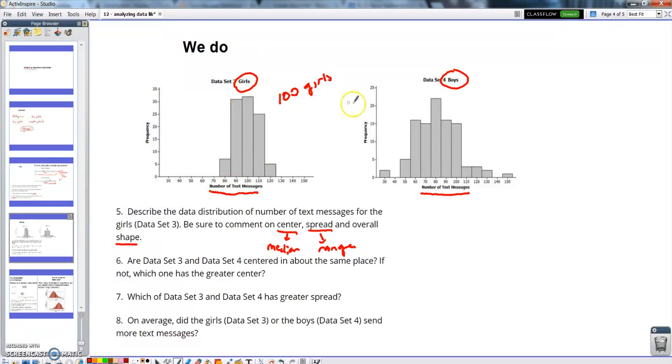So I want to see about where the 50th one is. So this was 8, 38, yeah. The 50th girl is going to be in here somewhere. So the center is one of these girls that sent between 95 and 105 text messages. So let's just say the middle girl is about 100.